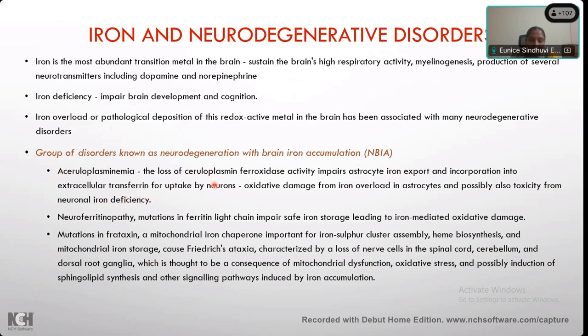Another is neuroferritinopathy, where a mutation in the ferritin light chain means iron cannot be stored as ferritin, leading to increased iron in the cell and iron-mediated oxidative damage. And a mutation in frataxin, a mitochondrial chaperone required for iron-sulfur cluster assembly and heme biosynthesis, can alter mitochondrial iron storage and lead to neural degeneration.